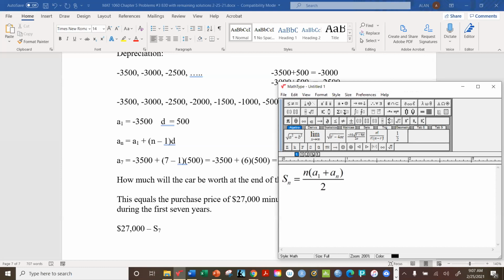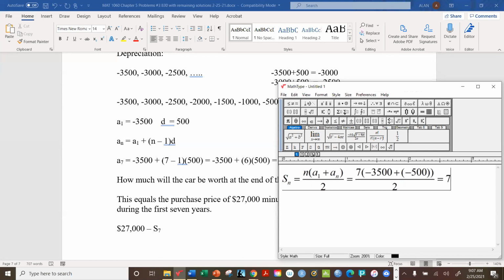Okay, so we're going to have, in this case, 7 for 7 years, negative 3,500 plus negative 500, because that's A7, all divided by 2.